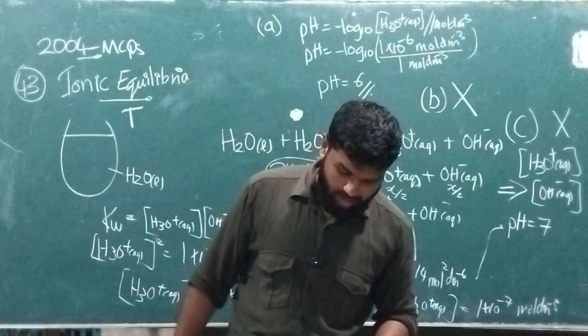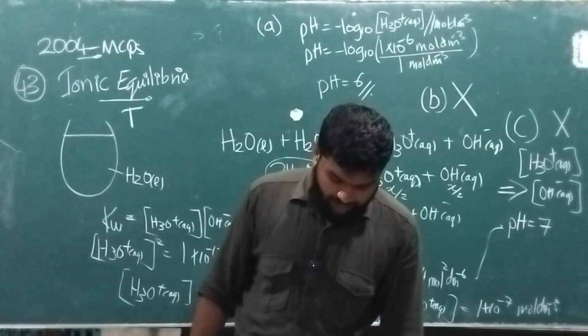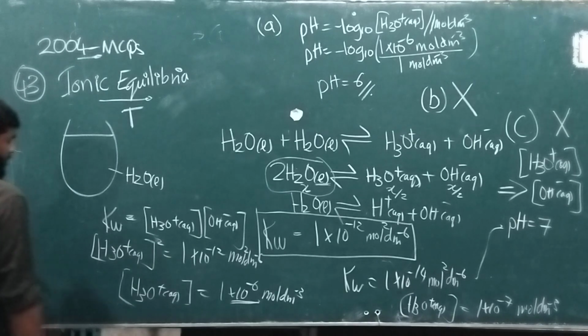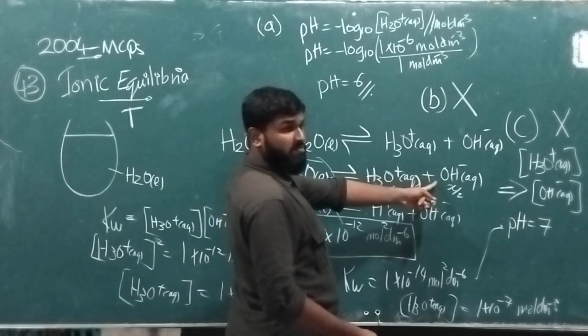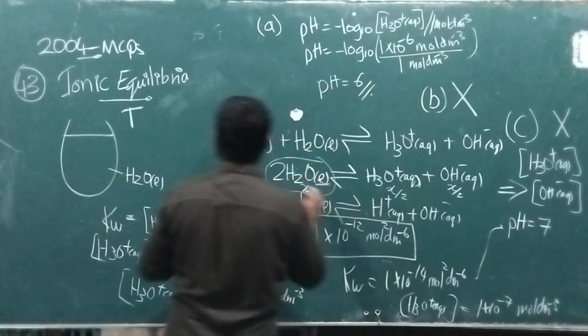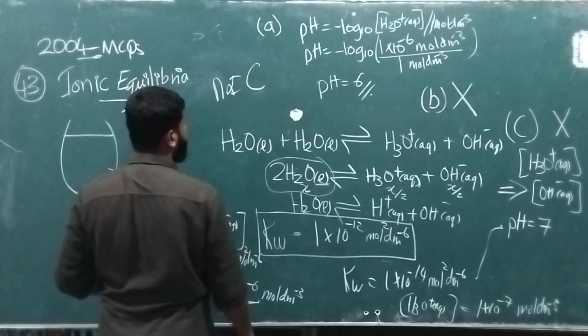Right? Let's see statement D. The OH minus concentration is 1 into 10 to the power minus 6. Yes, absolutely. Why? The mole ratio between each of these is the same. So if the mole ratio is the same, the mole ratio is directly proportional to the concentration of the substance.